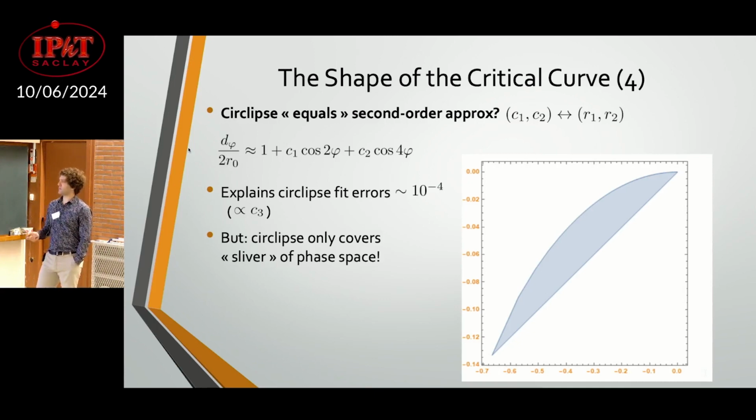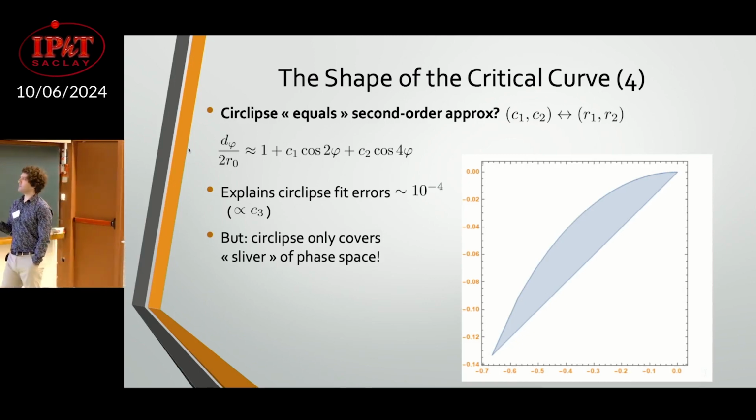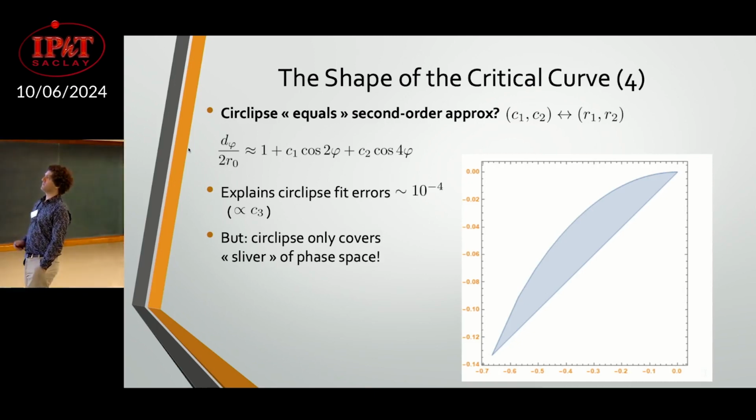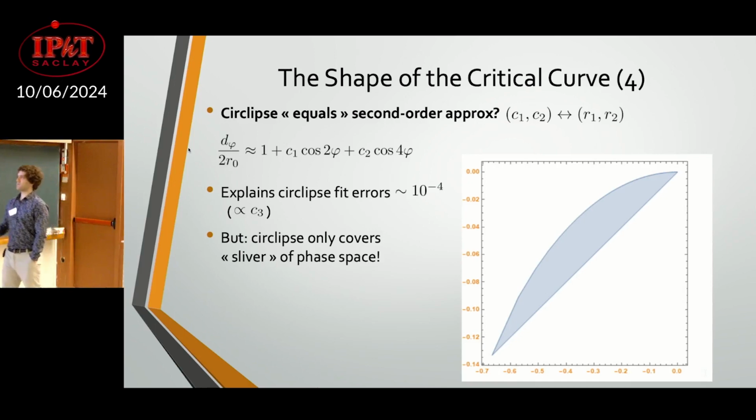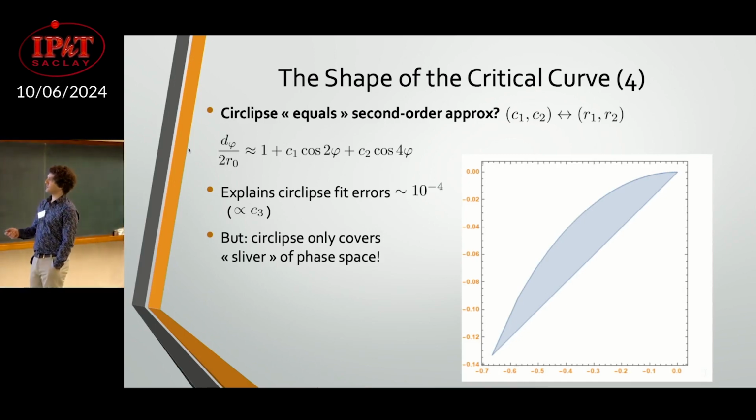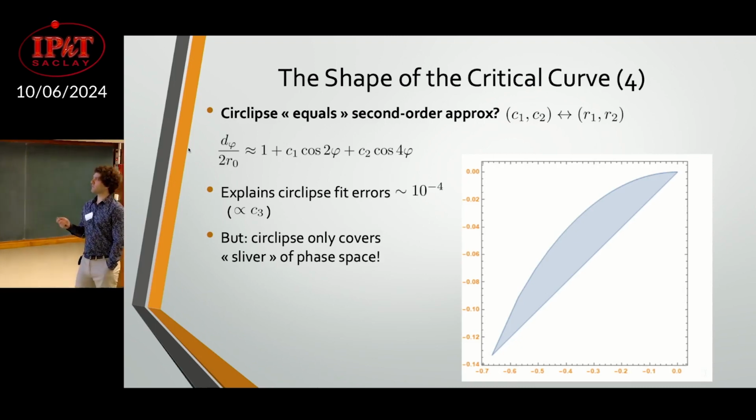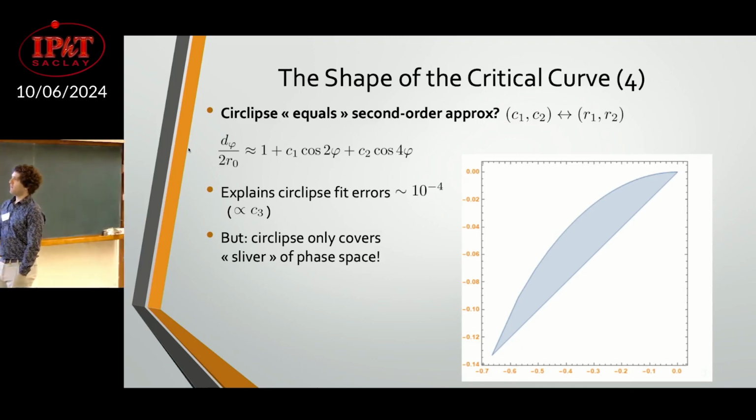So C1 is on the horizontal axis, C2 is on the vertical axis, and everything that's white is one of these d phi functions that is not captured by the circlipse. Everything in the blue region is something that is mappable to a circlipse function. So it's a little bit trickier, because the circlipse seems to be a sharp prediction of where in this Fourier series space you should fall.